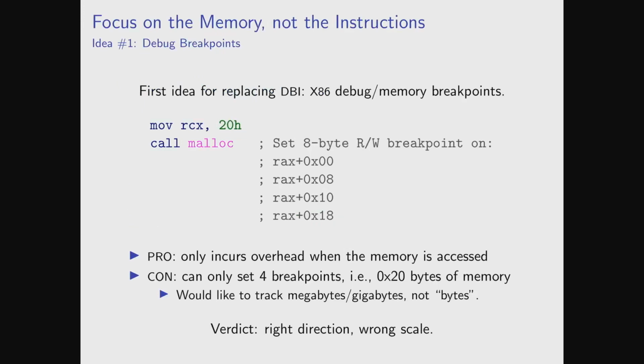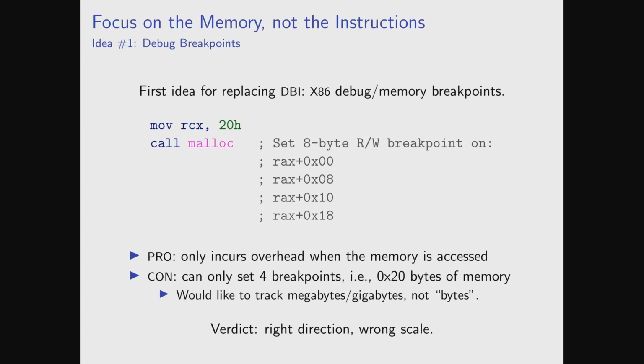So my first order of business was to figure out some way to track accesses to allocated data without using dynamic binary instrumentation. And brainstorming about this, my first idea was maybe I can use the x86 hardware read and write debug breakpoints.